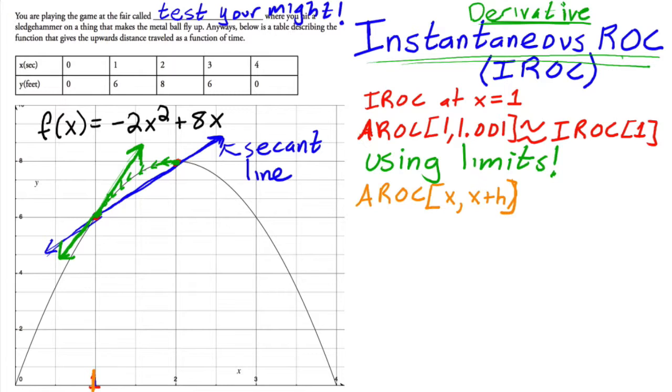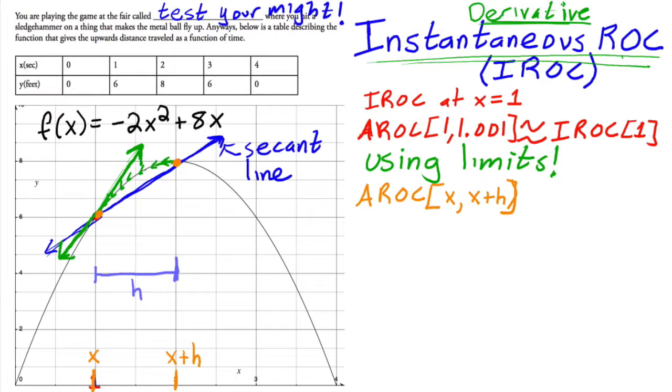Let's say this point right here is x, and this right here is x plus h. If those are x and x plus h, what's the distance between these two? Well, it would be h, right? That makes sense.